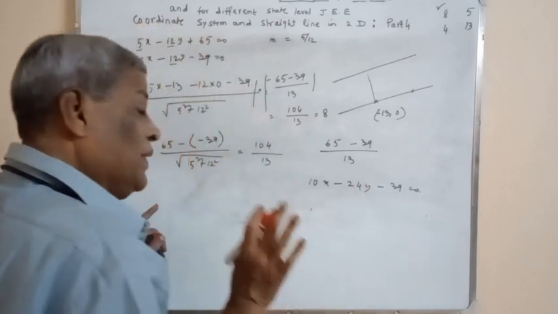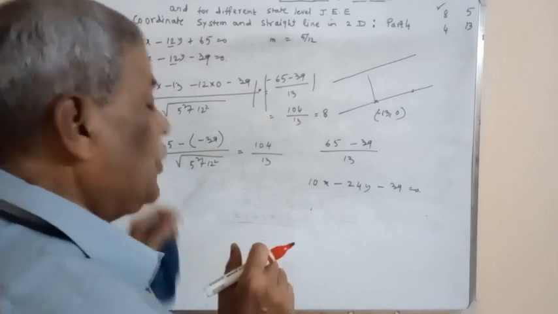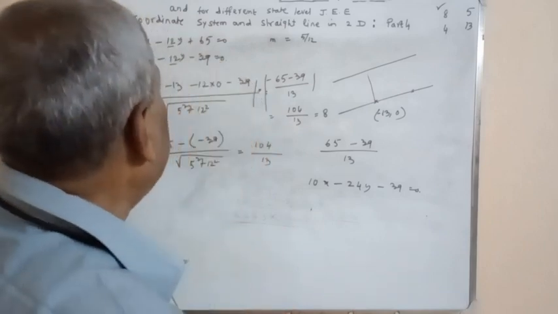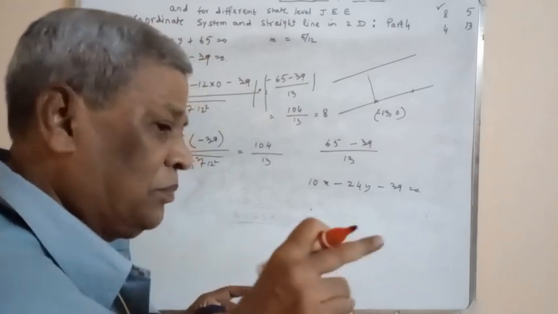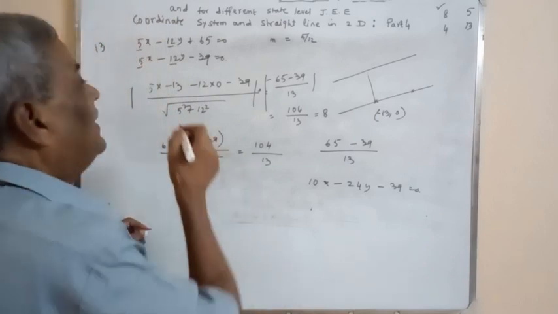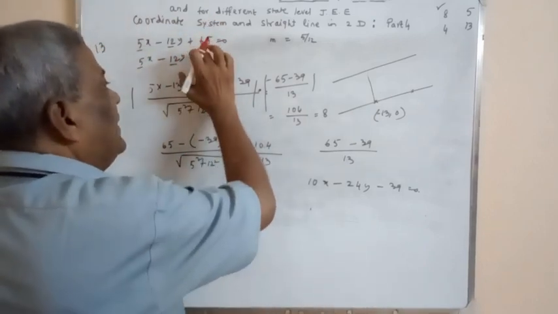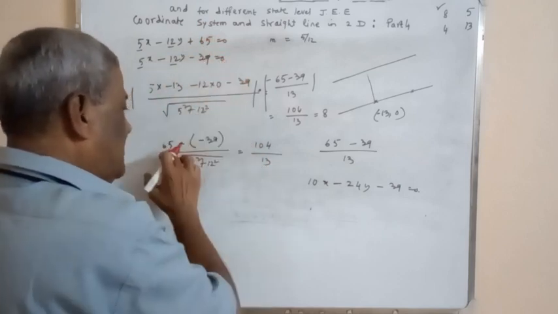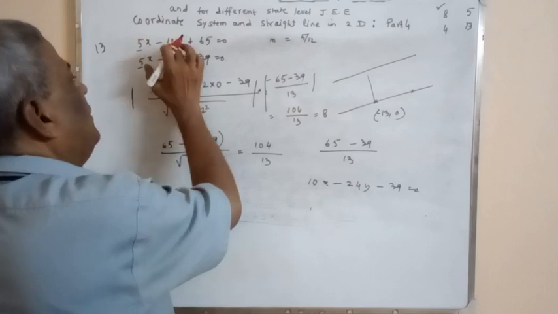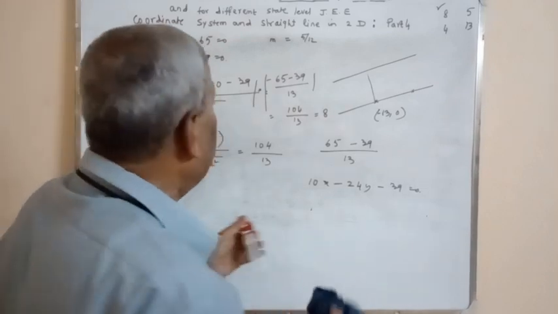They are not the same. First of all, we have to make the coefficients of x and y for both straight lines the same. After that, if they are of opposite sign, then the answer will be this plus that divided by root over of this square plus that square. Okay.